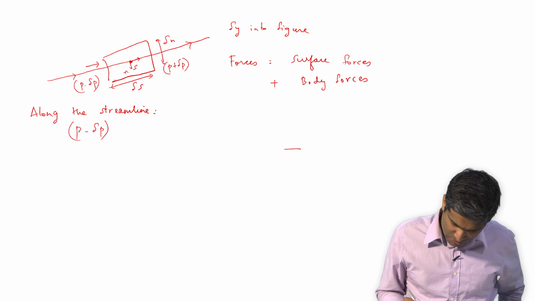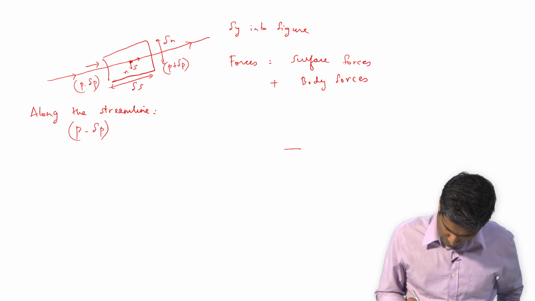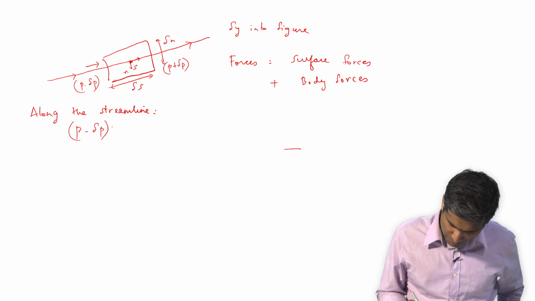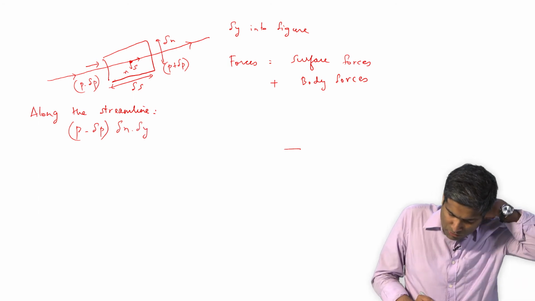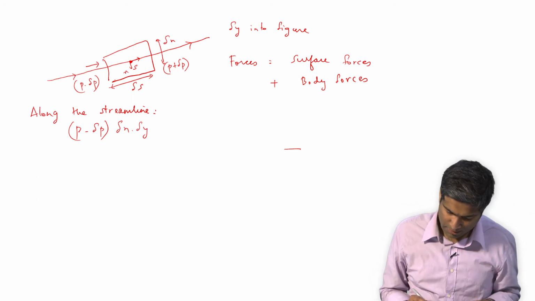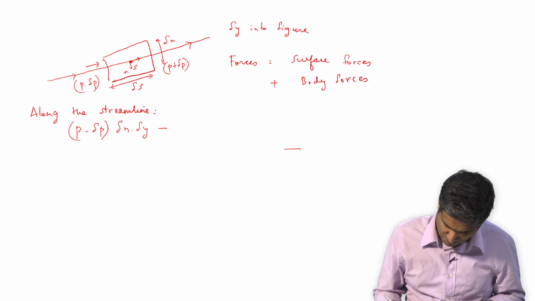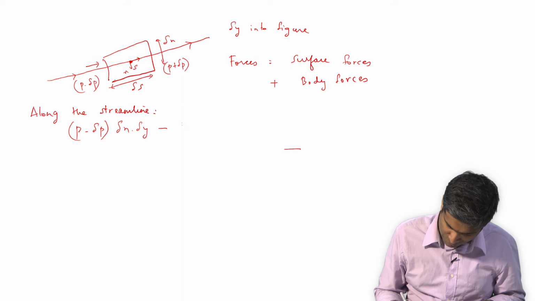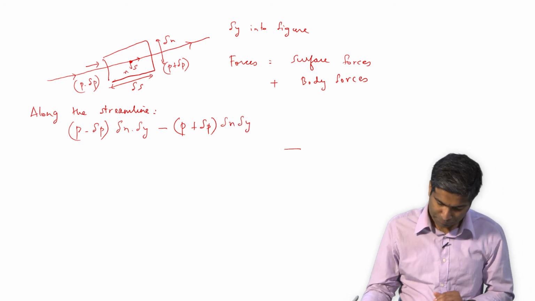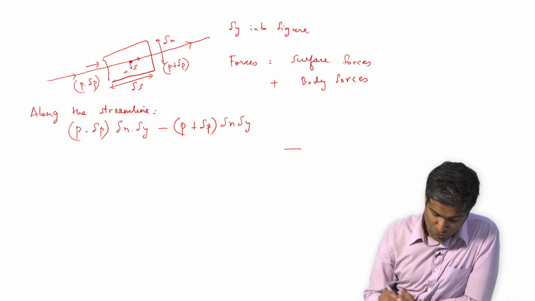So P minus delta P on the left acting towards the right times the area of the left face, which is delta n delta y. This is the force on the left face acting in the right hand direction. We subtract the force acting on the right face acting in the left direction, which is P plus delta P times delta n delta y. So this is my surface force.